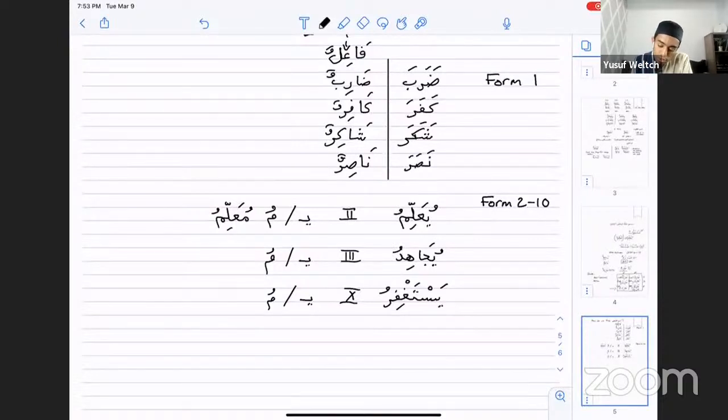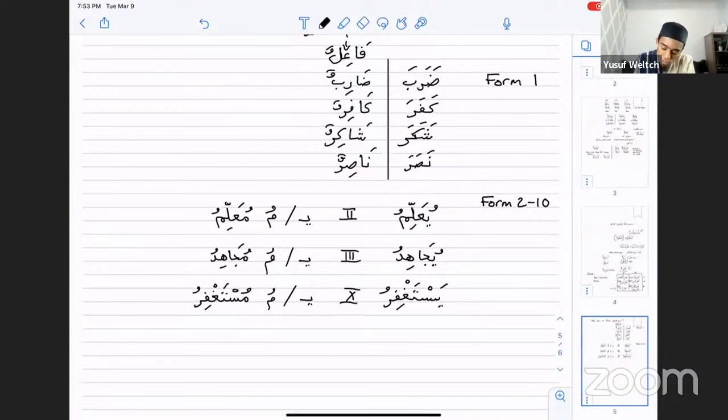What does yujahidu change to? Mujahidu, good. And then yastaghfiru, it's a bit tougher. It's a long one. What does that change to? Mustaghfiru, correct.